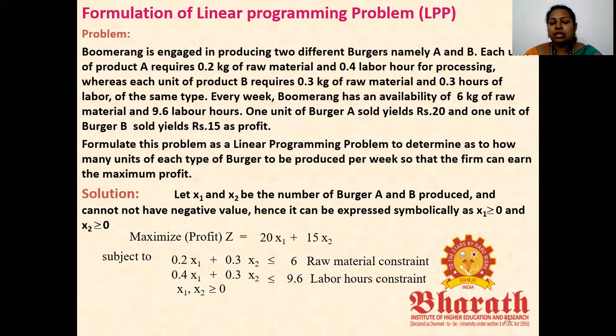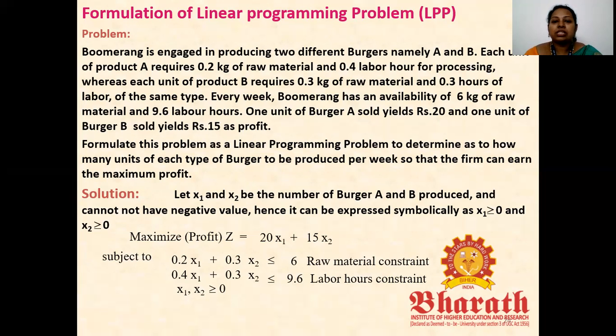Therefore, we have to decide the decision variables. The decision variables control the entire problem. First, we have to fix what our decision variables are. We can assume X1 is the number of burger A produced, and X2 is the number of burger B produced.